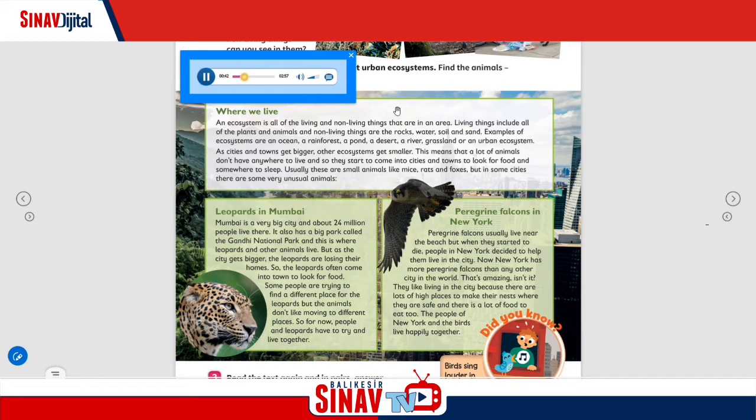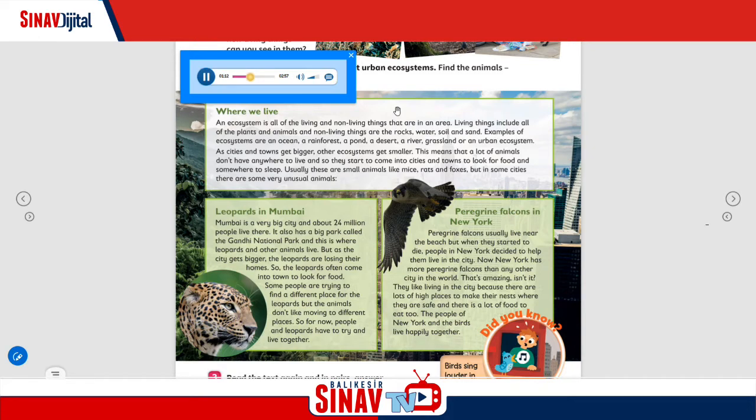As cities and towns get bigger, other ecosystems get smaller. This means that a lot of animals don't have anywhere to live, and so they start to come into cities and towns to look for food and somewhere to sleep. Usually, these are small animals like mice, rats, and foxes, but in some cities, there are some very unusual animals.